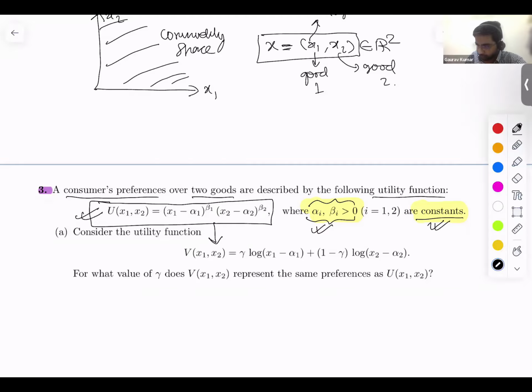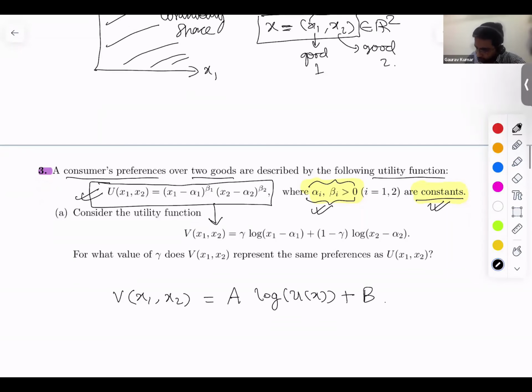Now let's assume v of x1, x2 is equal to a times u of x1, x2, that is, a times log of u(x) plus b. So what have I done?